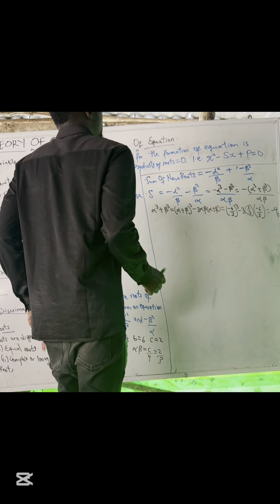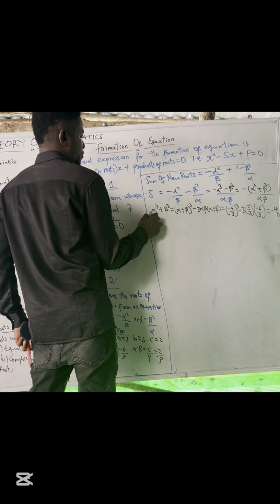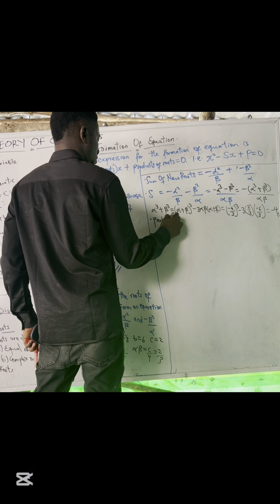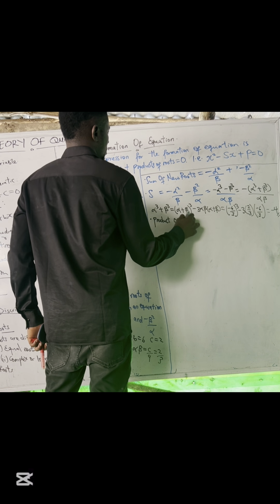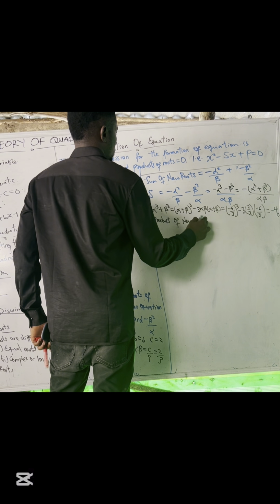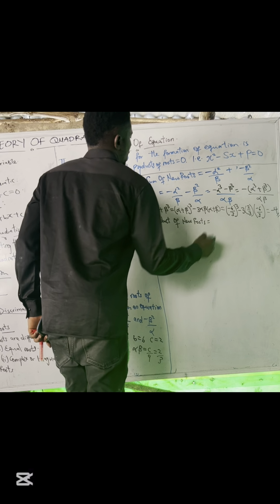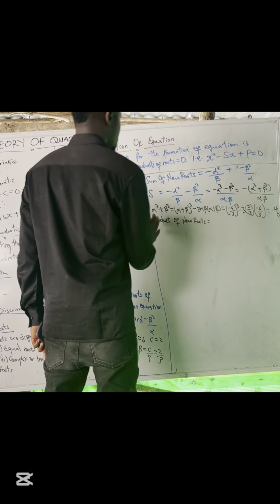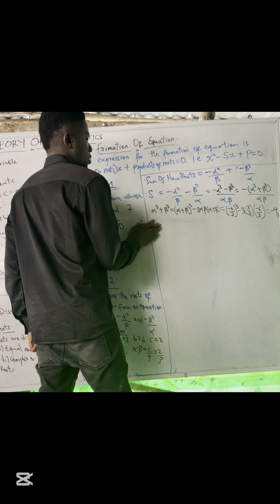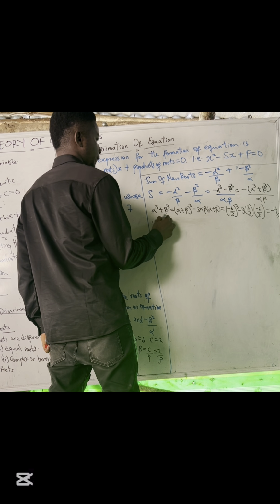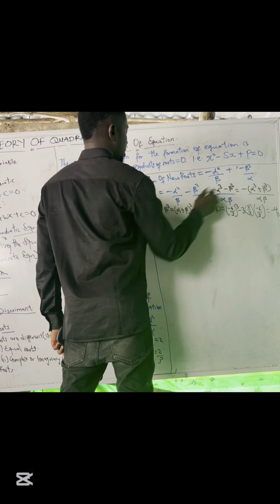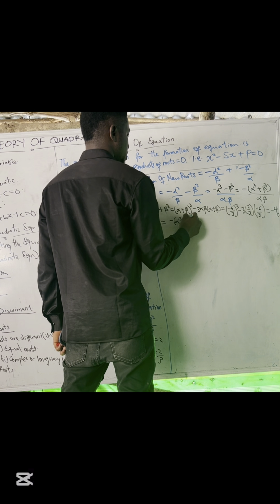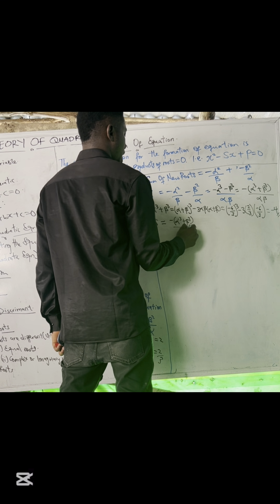Now after the sum of new roots, we will also look for the product of new roots. Okay guys, we are not done with the sum of new roots actually. So the sum is going to be, what we have here is minus alpha cube plus beta cube all over alpha beta.